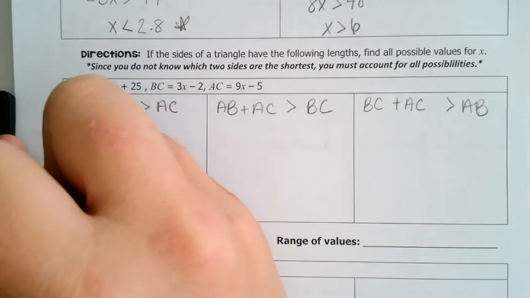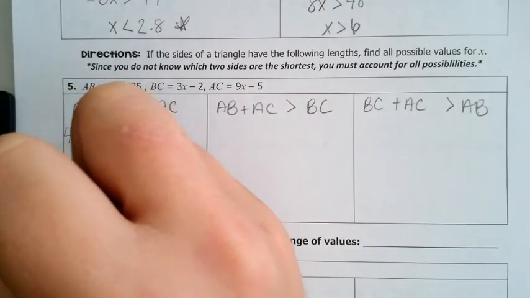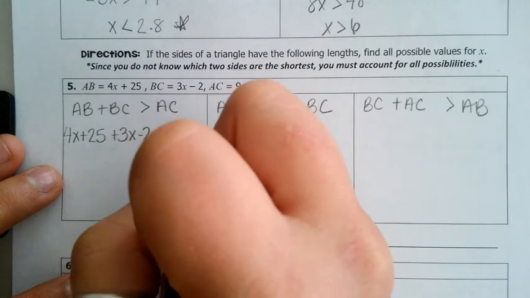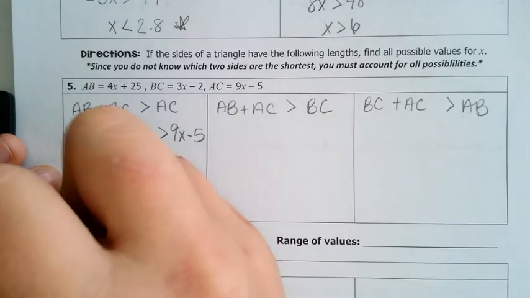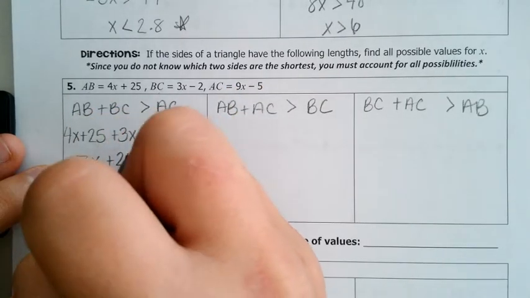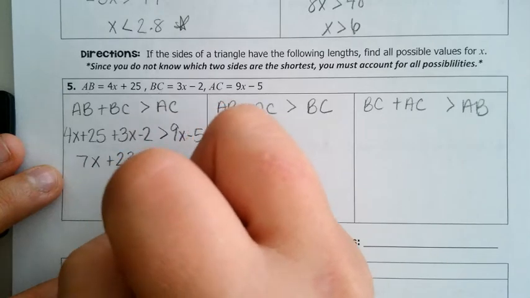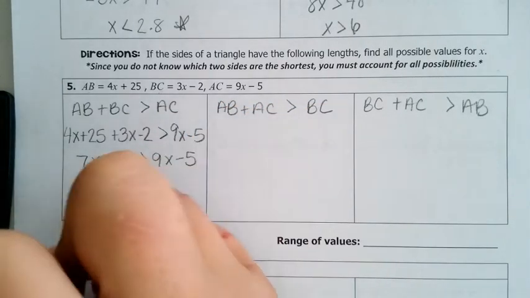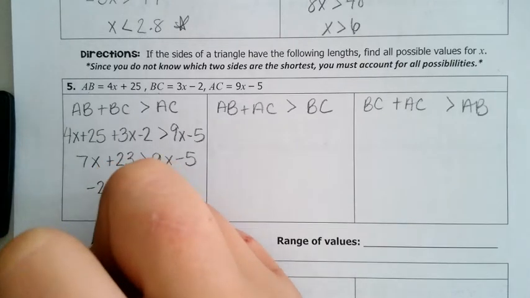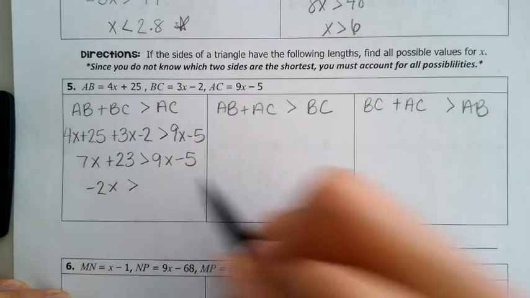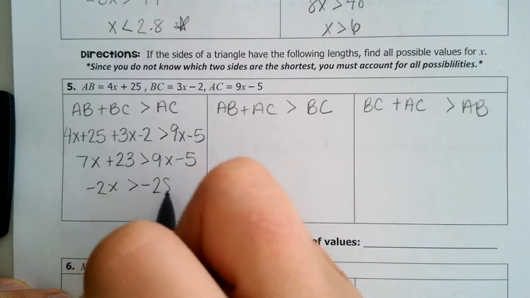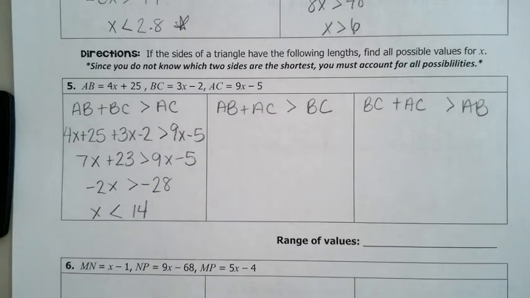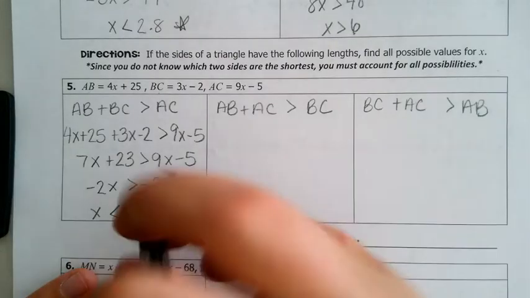So we have 4x plus 25 plus 3x minus 2 is greater than 9x minus 5. For our first one, we get x is equal to 14.